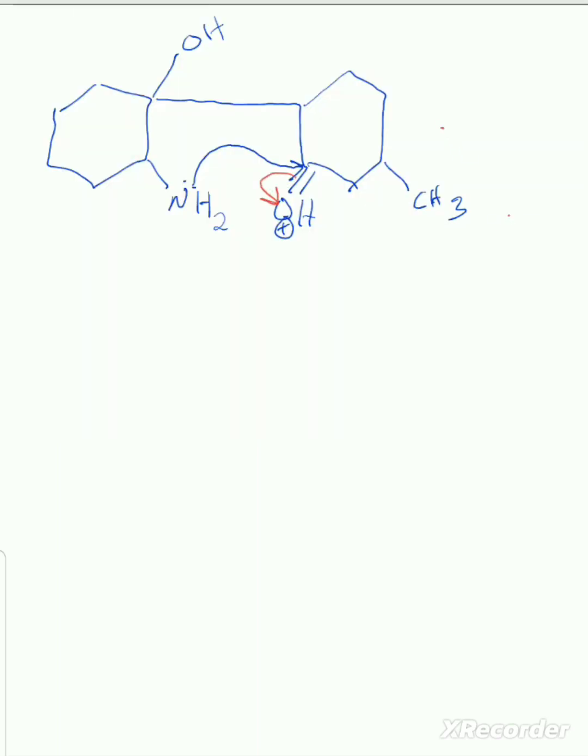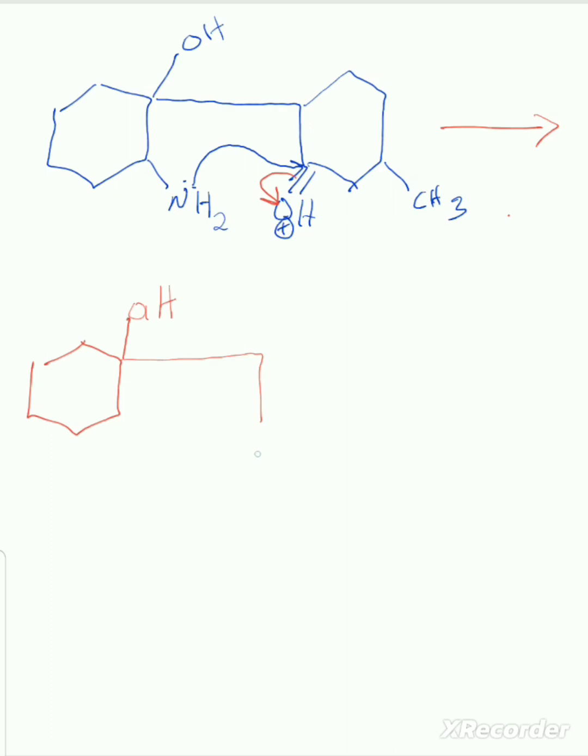I'm going to show you that this one has opened like this. You get? Then what am I going to have? I'm going to have this with OH here. Then here it will be N with how many hydrogens? 2. So now this one is supposed to have 3 bonds, but has got 4 bonds.